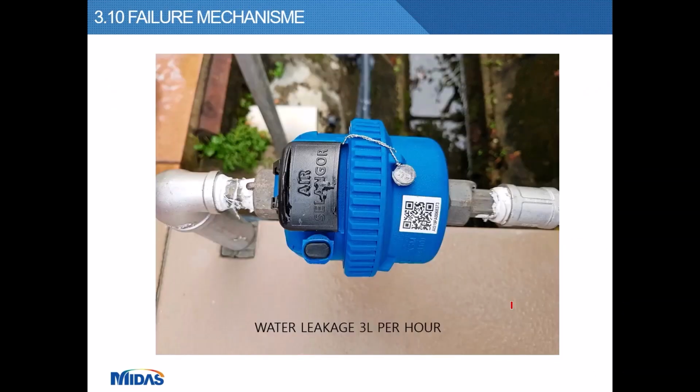There's one very important piece of information provided by the stakeholders. They measured the leakage at the water meter connected to the swimming pool, and they found that there was a leakage of 3 liters of water per hour into the swimming pool.